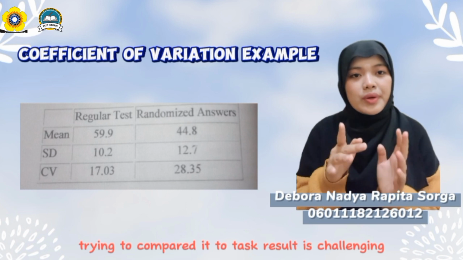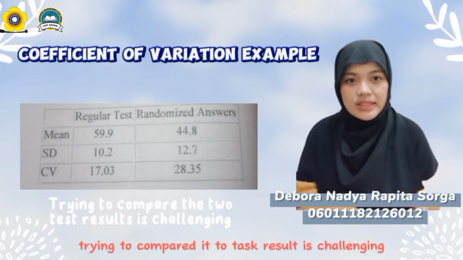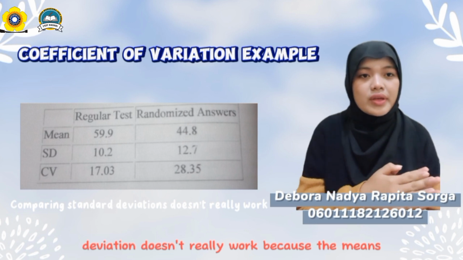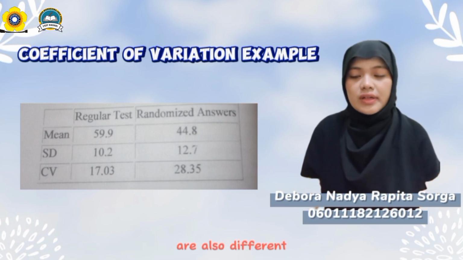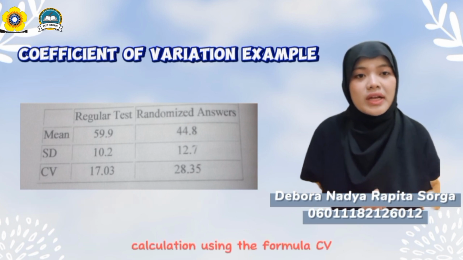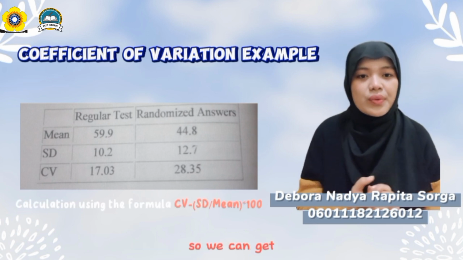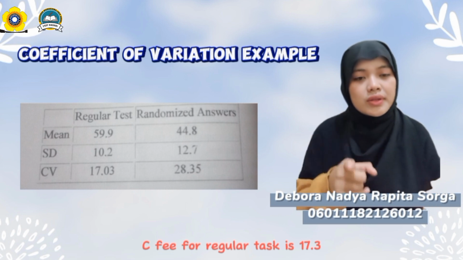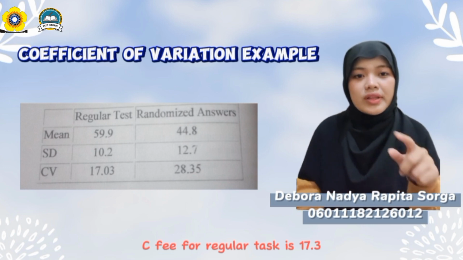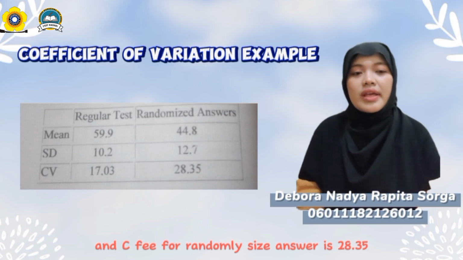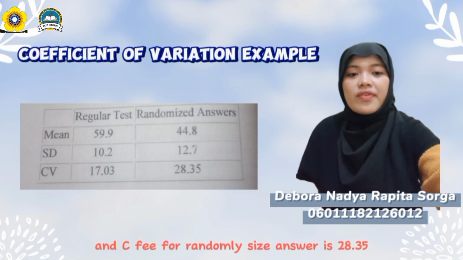Trying to compare the two test results is challenging. Comparing standard deviations doesn't really work because the means are also different. Calculation using the CV formula helps to make sense of the data. So we get a CV for the regular test of 17.03 and a CV for the randomized answer test of 28.35.